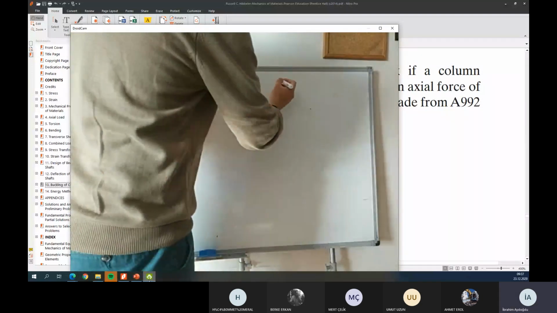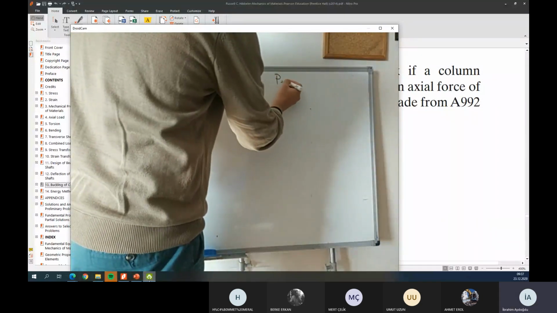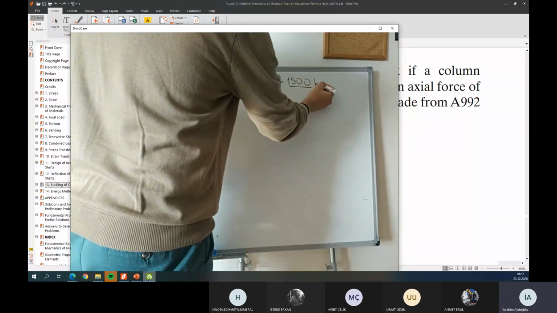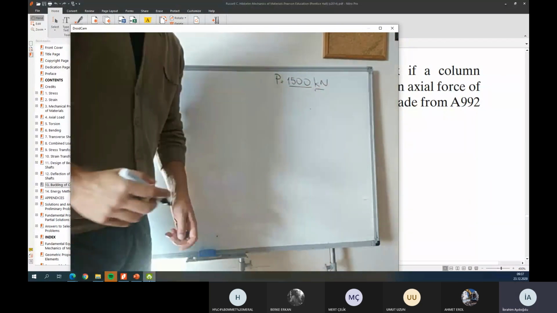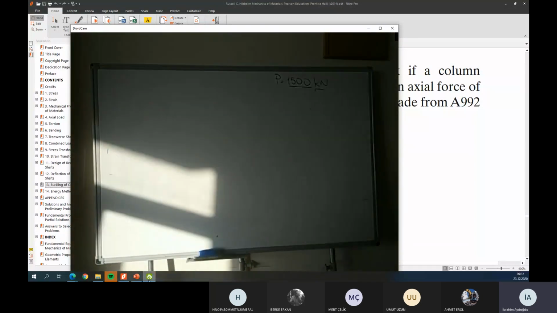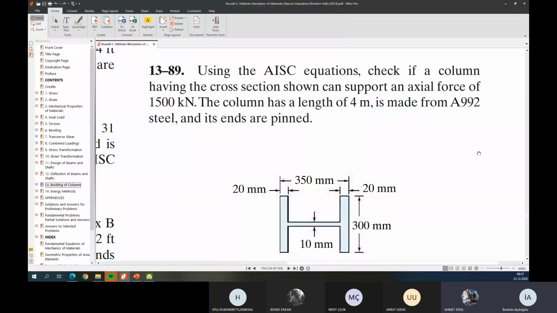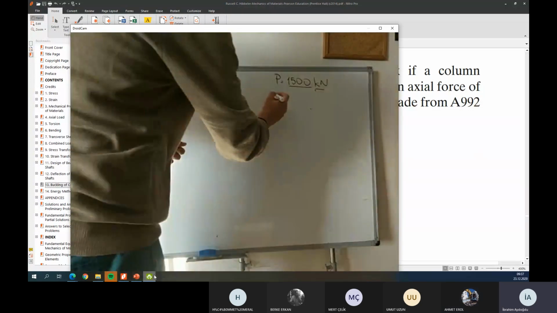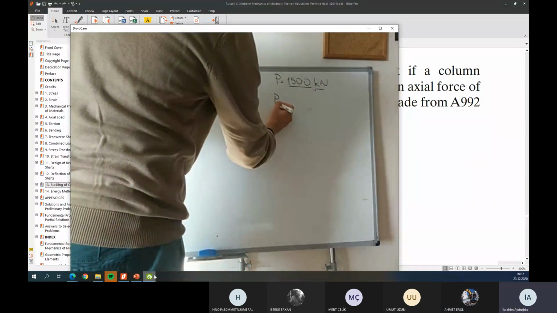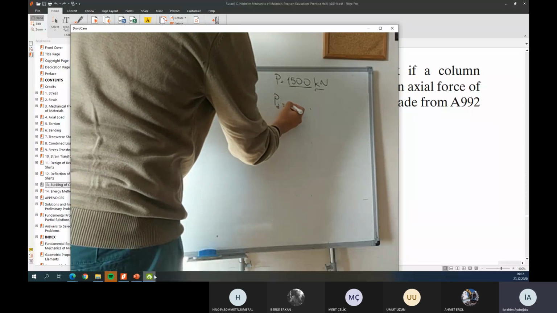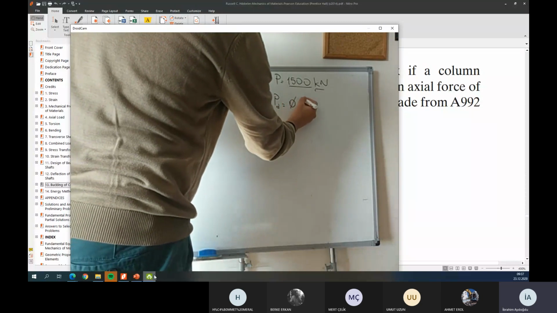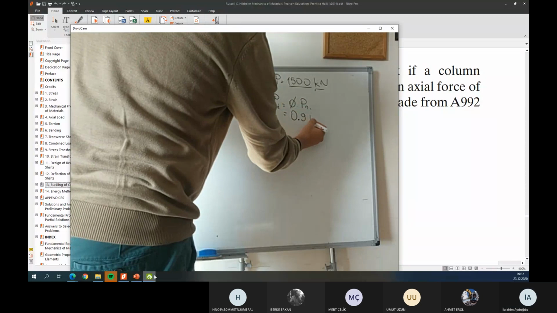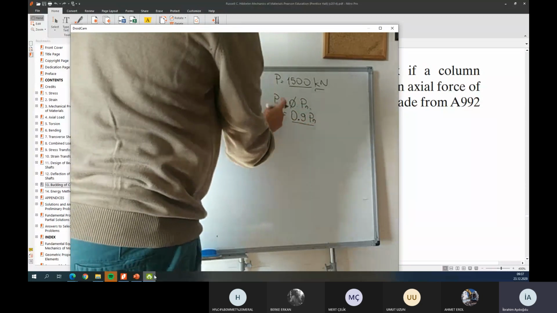The P is 1,500 kilonewton. Is it kilonewton or newton? Let me check. I guess kilonewton. Yes. So we will compute P design is equal to phi times Pn, equal to 0.9 Pn, and we compare this.